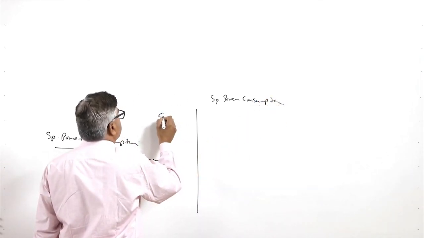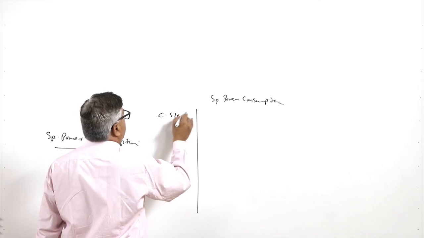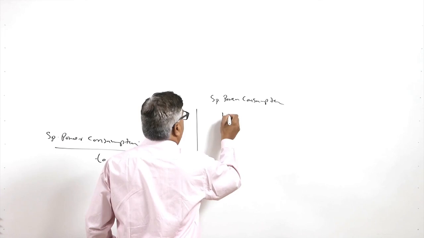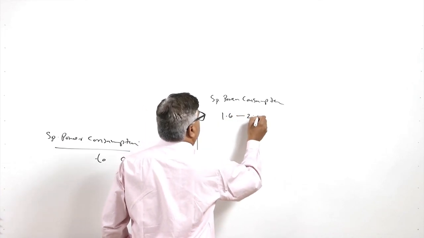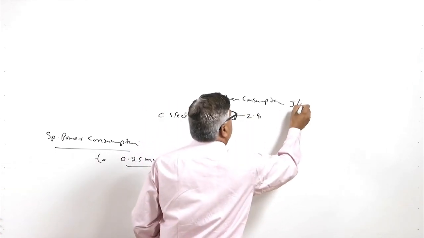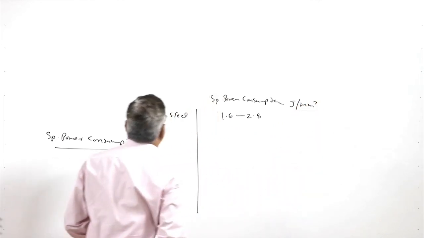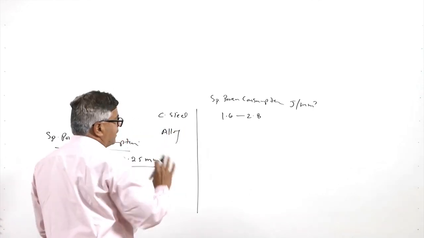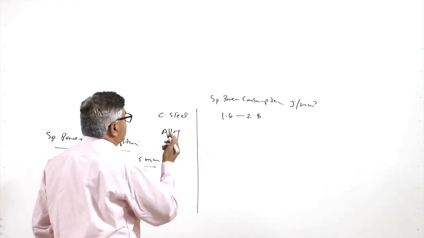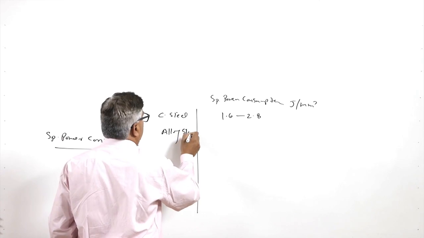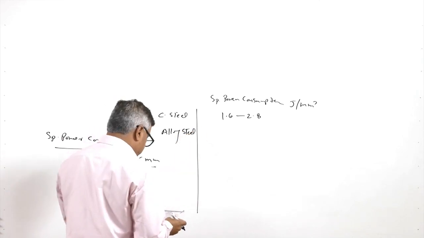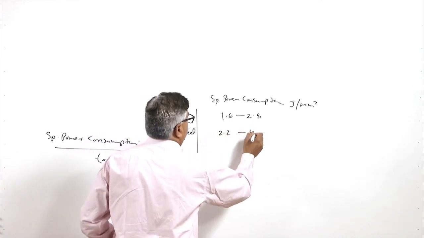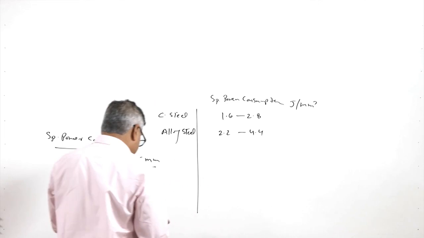Considering simple carbon steels, the specific power consumption is found to vary from 1.6 to 2.8 joule per mm cube, while for the alloy steels, it is largely governed by the hardness and the energy required for machining, and varies from 2.2 to 4.4 joule per mm cube.